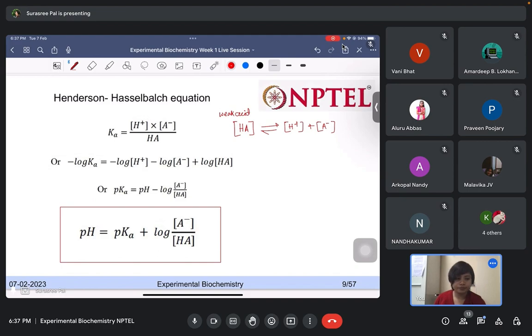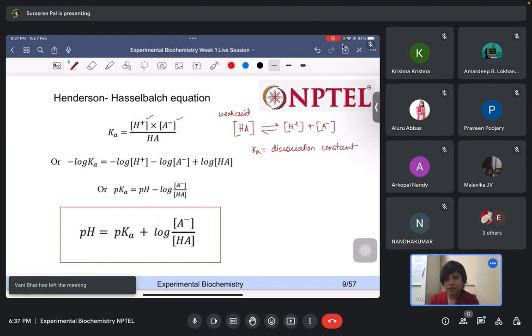So now what is Ka? Ka is the dissociation constant of this weak acid. And Ka we can write like this: Ka is the product of H plus and A minus divided by the concentration of HA, right? So that is the dissociation constant of this acid.